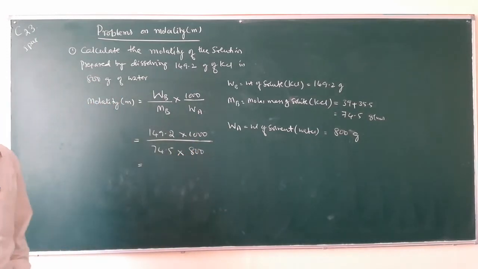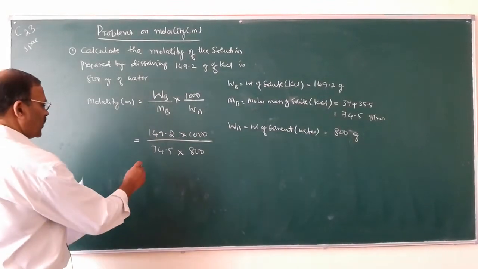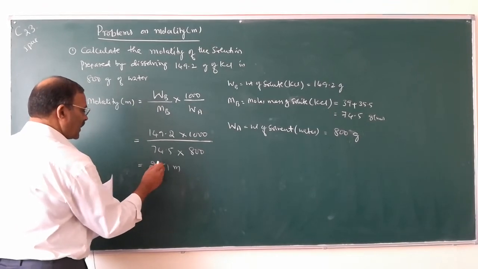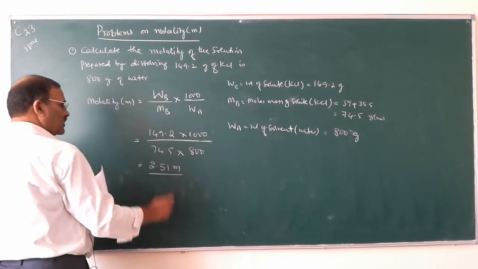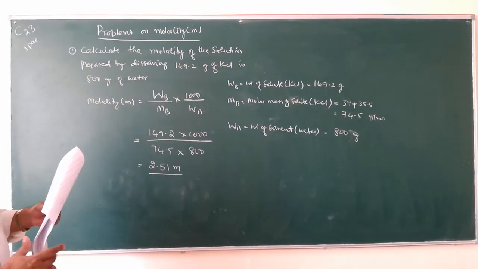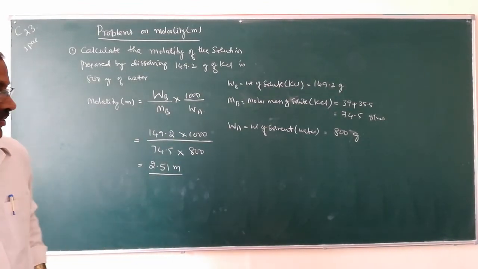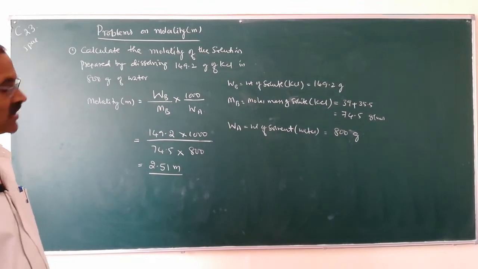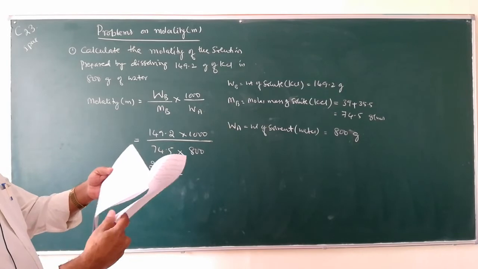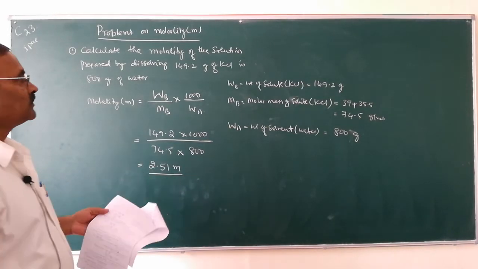On solving, you will get the answer 2.51 molal. You have to mention molal. So this is how you can solve this problem. Next I will give you another problem.